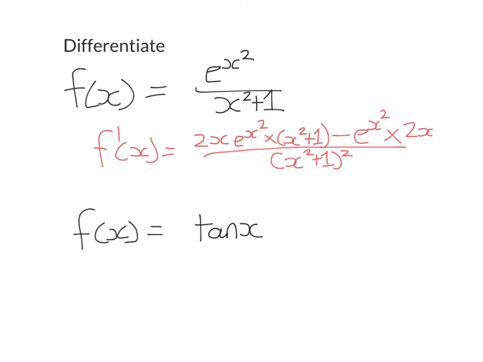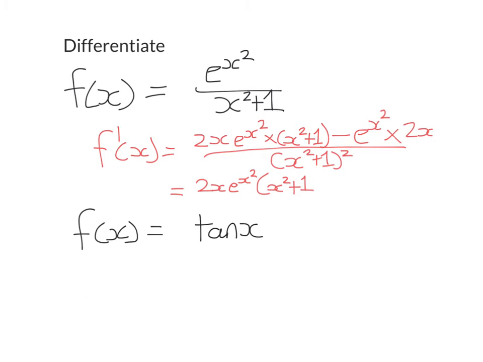So that's actually the derivative. I'm just going to make this a bit easier to work with. I can factorize the top because they both have a 2x, and they both have an e to the x squared. So taking that out as a factor, 2x e to the power of x squared. What do I need to multiply by this to get the first term? Well, it's just what's in brackets, the x squared plus 1. And then what do I need to multiply by this to get this?